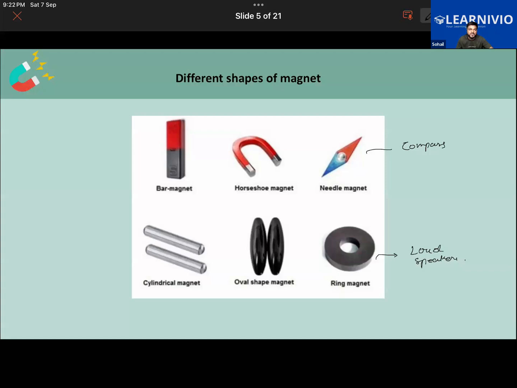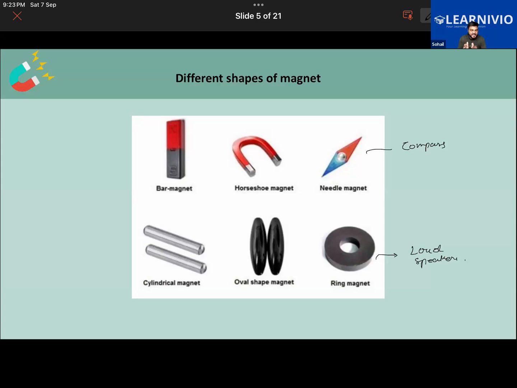But when we talk about the poles of a circular magnet, circular magnets have the north pole on the top and the south pole on the bottom. What I mean to say is that they are located on opposite faces of the magnet.